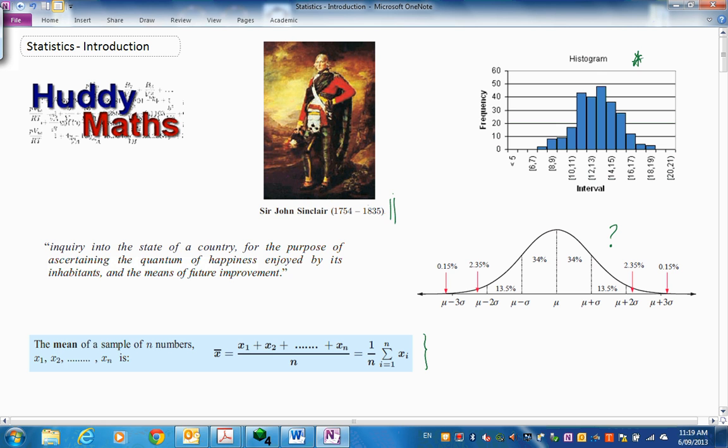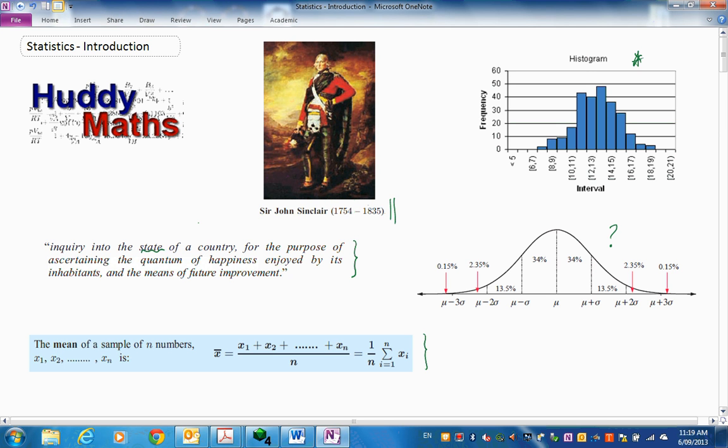And here's John Sinclair, back in the 19th century, who coined the word statistics. Statistics means a few different things, but let's go back to its origin. It's an inquiry into the state, statistics, for the purpose of ascertaining the quantum of happiness enjoyed by its inhabitants and the means of future improvement.